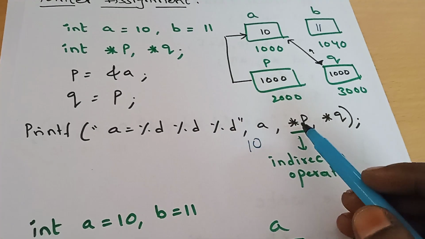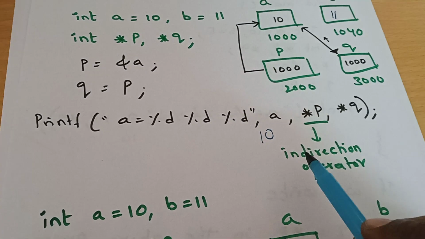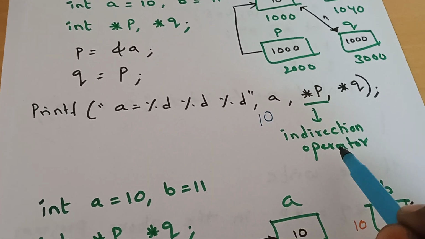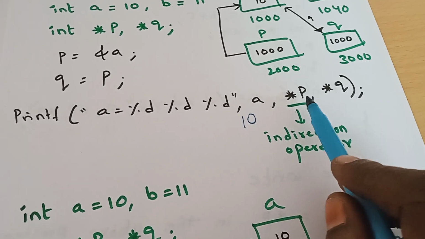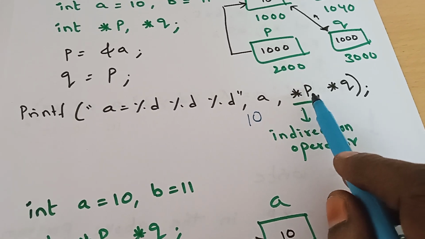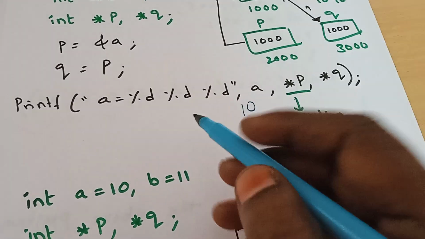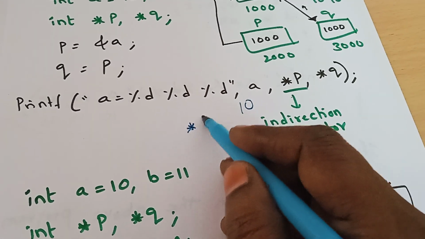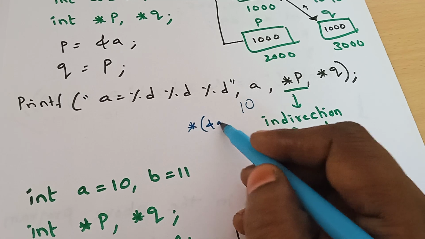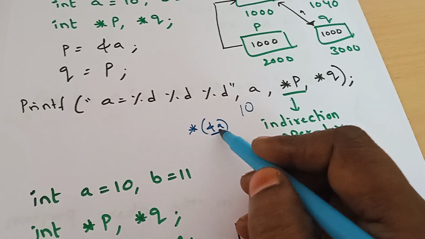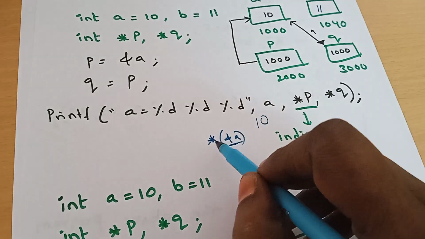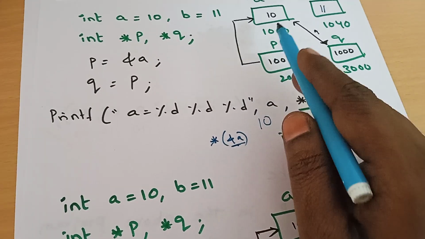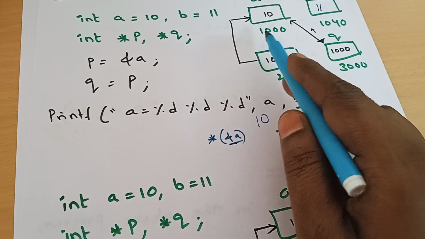The indirection operator indicates that it is a value. Whose value is that? p is having the address of a, right? So star p is what? We are pointing to the address of a to retrieve the value. Address of a is 1000.